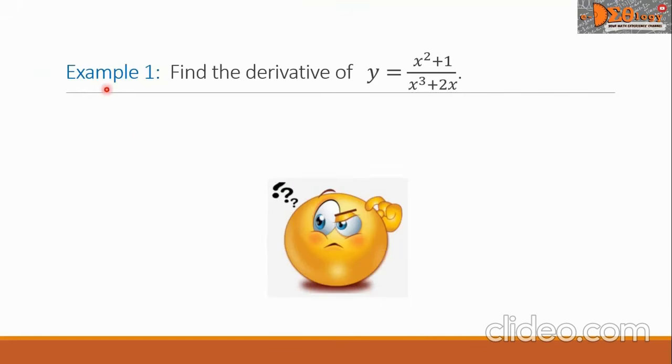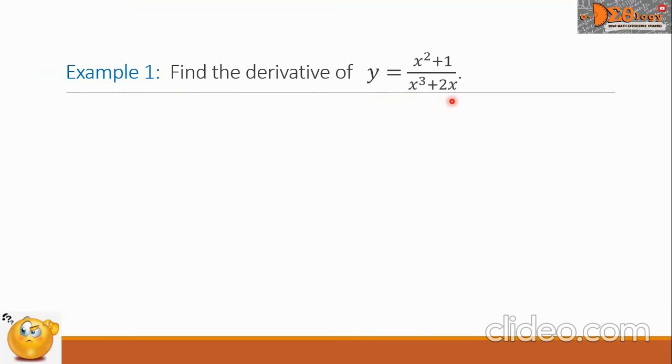Let us see this example 1. Find the derivative of y equals the fraction x squared plus 1 all over x cubed plus 2x. For our solution, let us write the formula of the quotient rule.